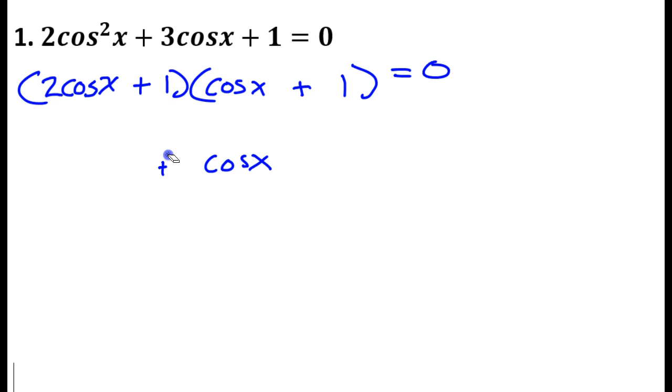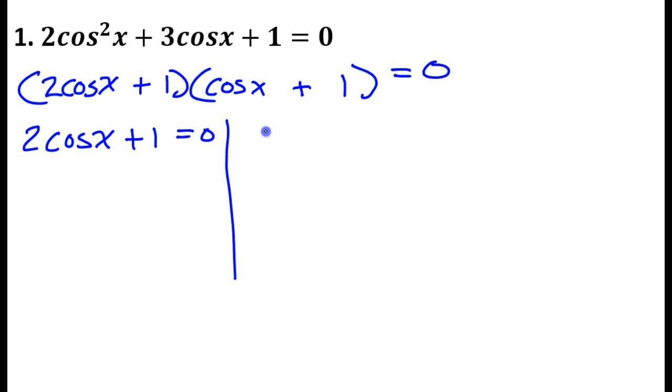Okay, so there we factored it. Now I'm going to set each of these equal to 0 and solve. So I have 2 cosine x plus 1 equals 0. And then over here I have cosine x plus 1 equals 0.